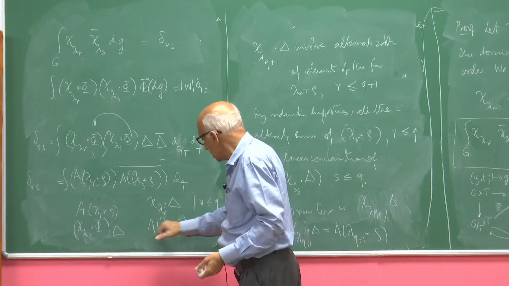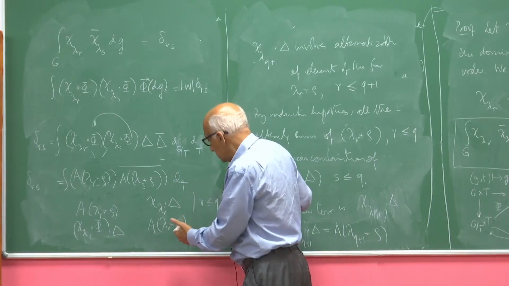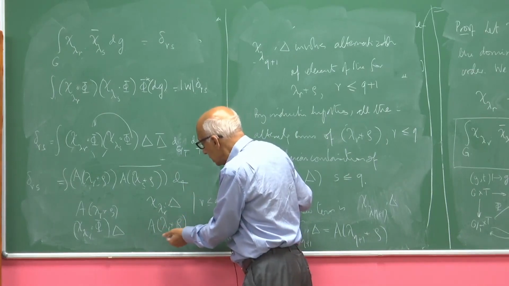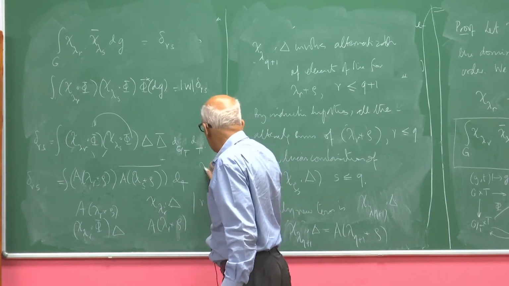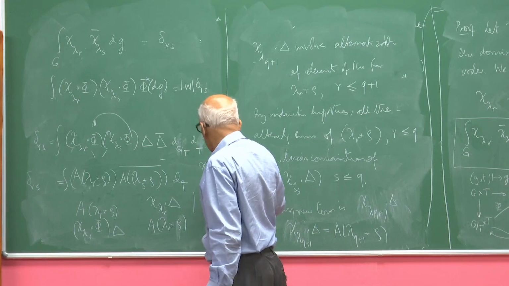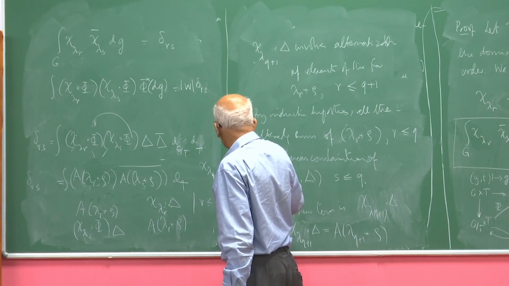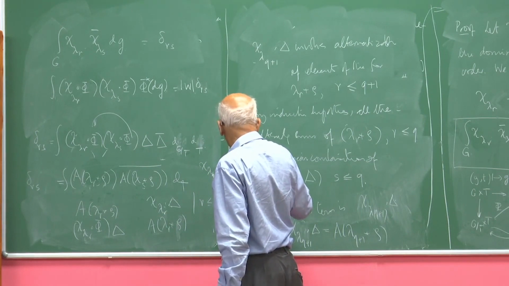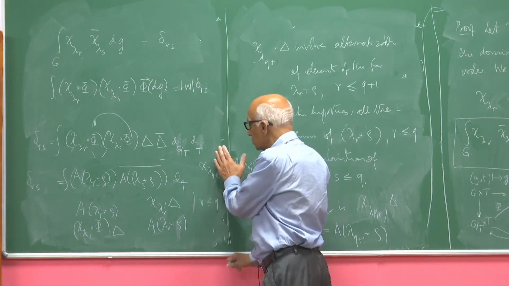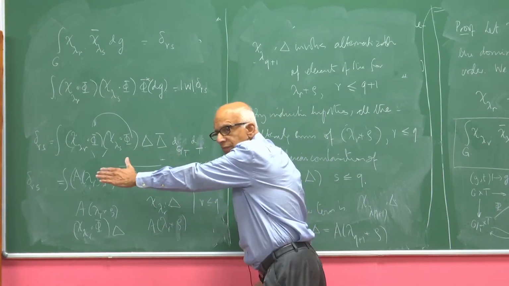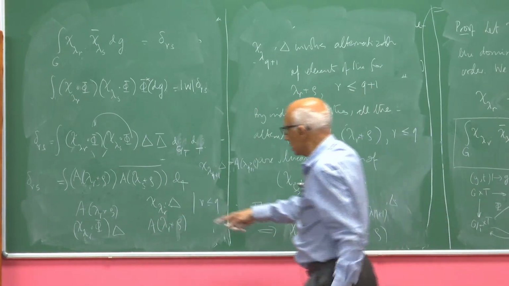Up to this, everything is a linear combination of the corresponding things, and when you take the next one, chi lambda q plus 1 times delta, I have to prove it is a lambda q plus 1 plus rho. We know that this chi lambda q plus 1 is orthogonal to all the earlier things.